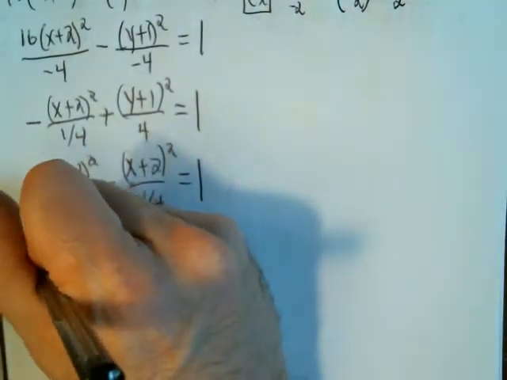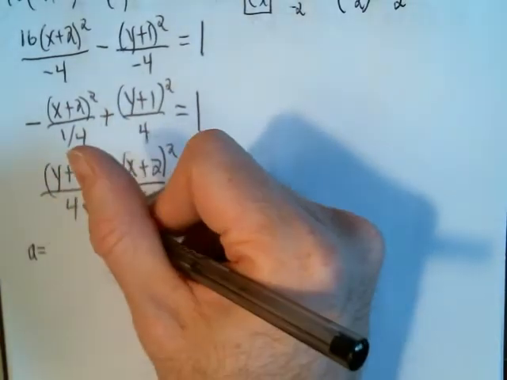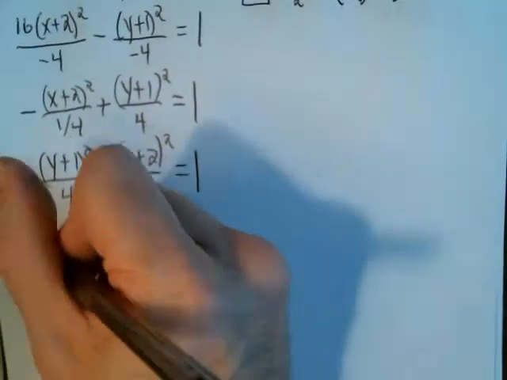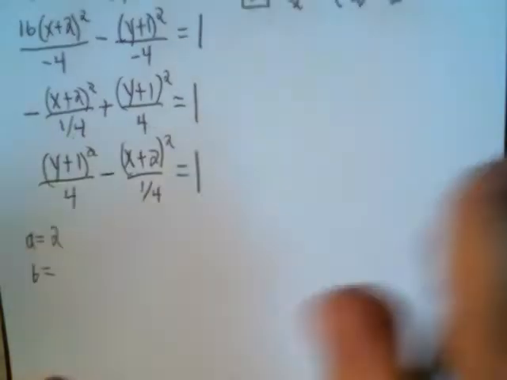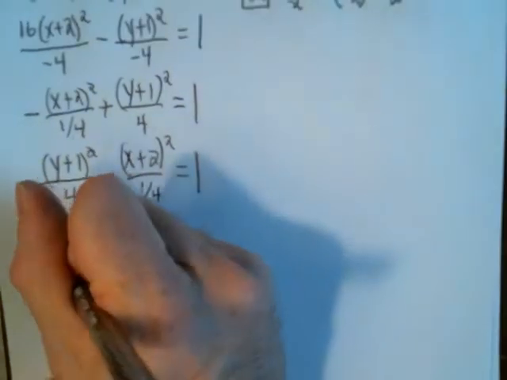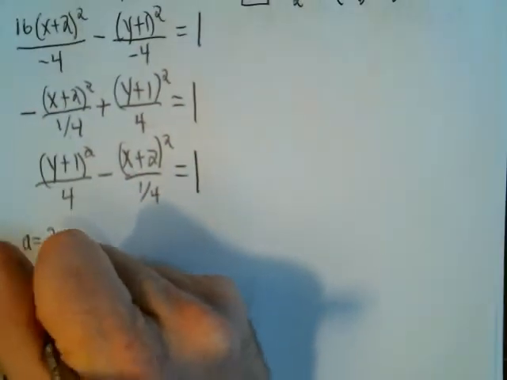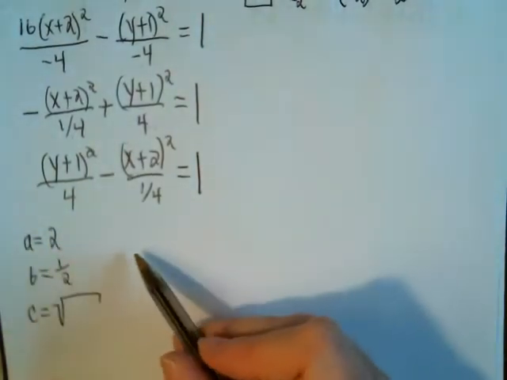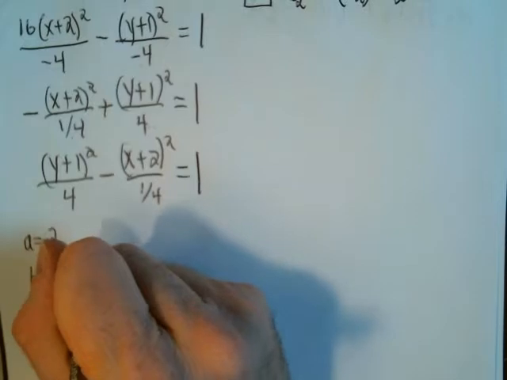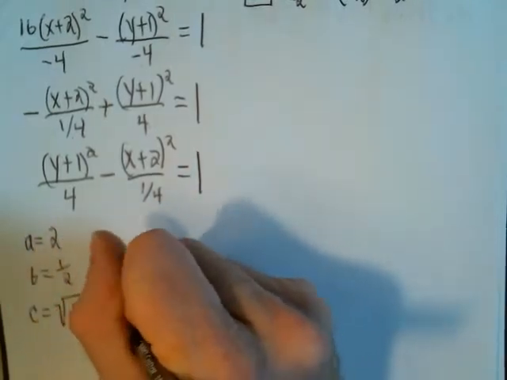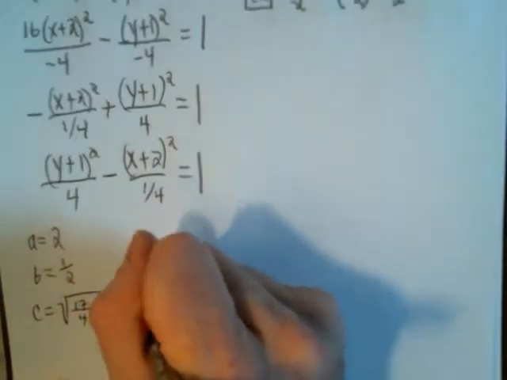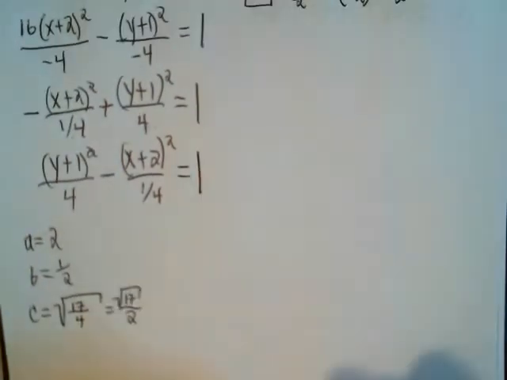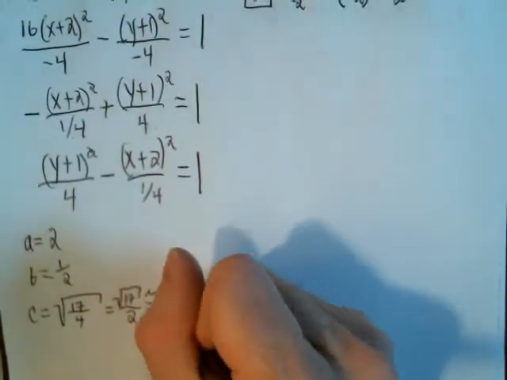I can go out and get my a value, which is the square root of 4, so it's 2. The b value is the square root of 1/4, which is 1/2. And then our c value is the square root of 4 plus 1/4, so 17/4, which is equivalent to square root of 17 over 2. But if you put it into your calculator, it's about 2.06.